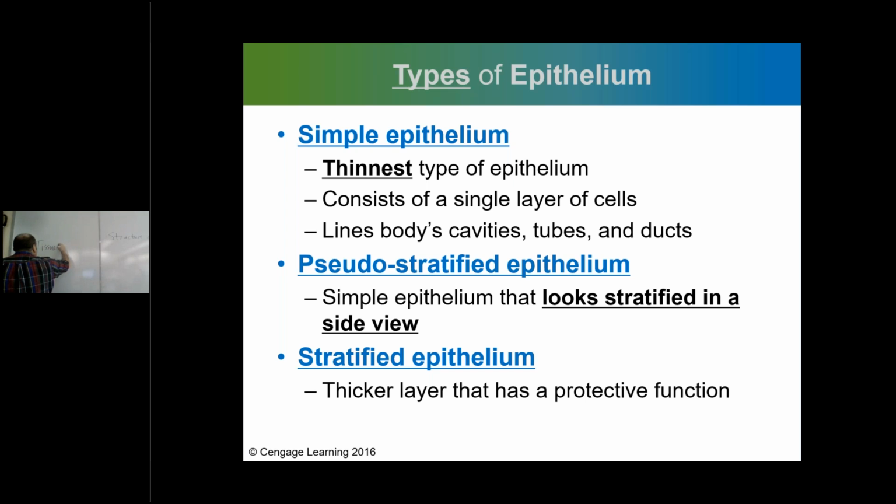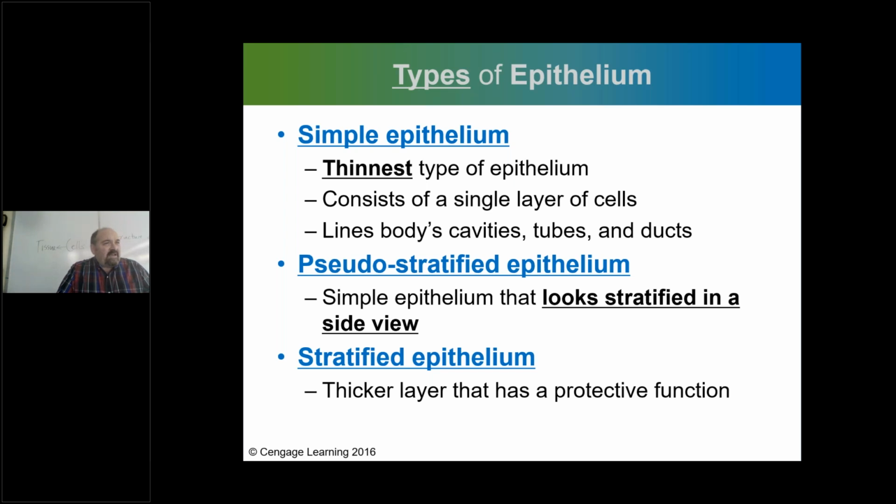So tissue is comprised of cells. Now, some of these tissues have one layer. Some of them have multiple layers. Multiple layers would mean they're stratified. There's multiple layers. One layer, we would say it's simple. We would say there's only one layer, simple.